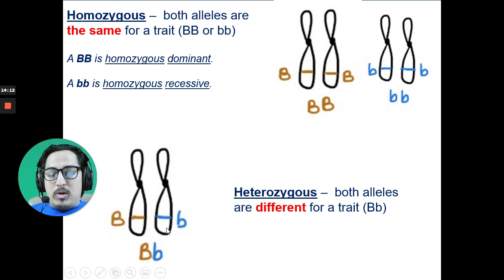But we already taught you that in this case, the brown one wins because that one is dominant. So this is called heterozygous. This is called homozygous. But you have to specify. If you say capital homozygous, you have to say homozygous dominant. If you're talking about both of the letters being lowercase, it's homozygous recessive. Okay.